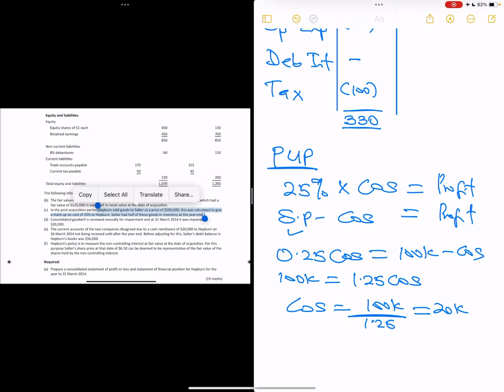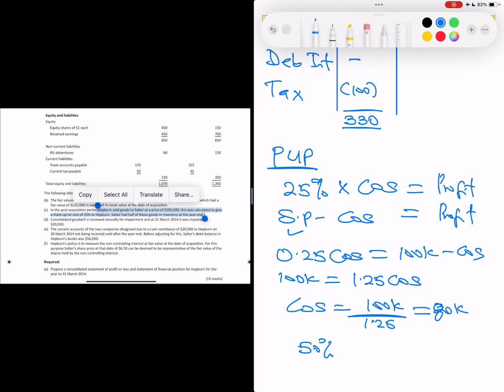The question says that 50% of that good has not been sold. So if cost of sale is 80K, which means profit is 100 minus 80K, because selling price is 100K, so profit is equal to 20K.